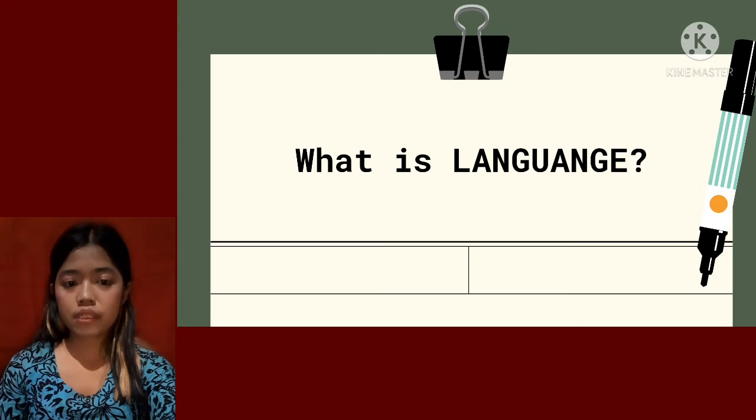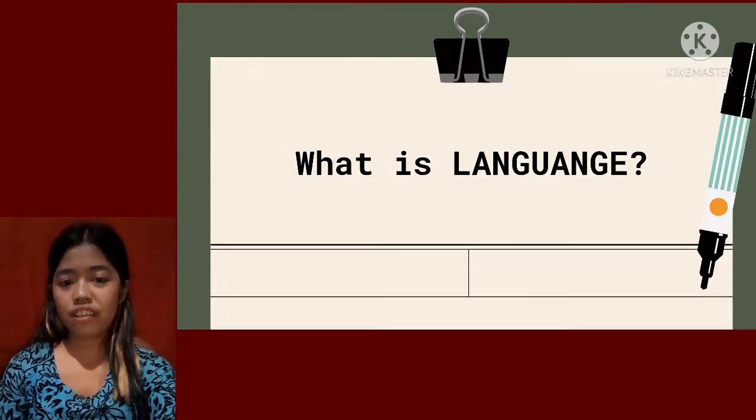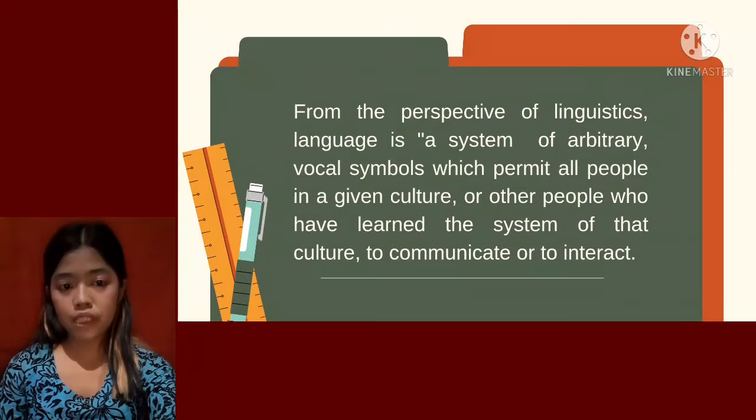In the case of examining these fields in detail, it is possible to find many definitions and theories which try to explain language, its nature and development through the history, and the effect of psychology and society on the language. From the perspective of linguistics, language is a system of arbitrary vocal symbols which permit all people in a given culture or other people who have learned the system of that culture to communicate or to interact.